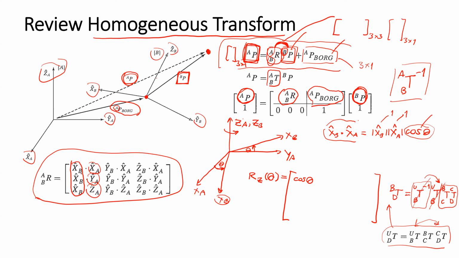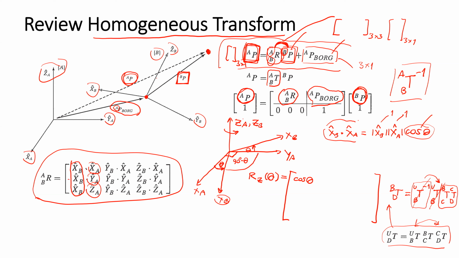xb dot ya: if this angle is theta, and the angle between x and y is 90 degrees, this angle will be 90 degrees minus theta.